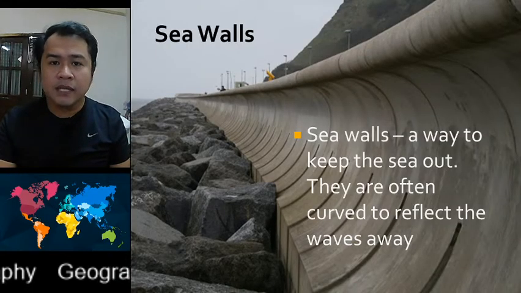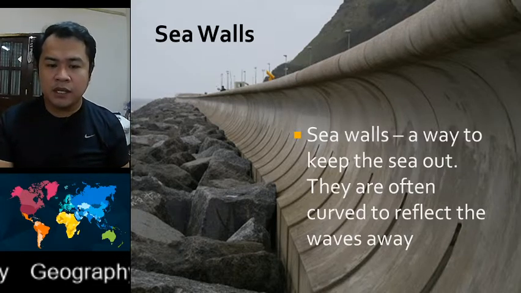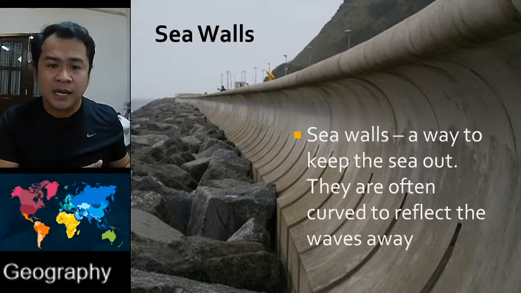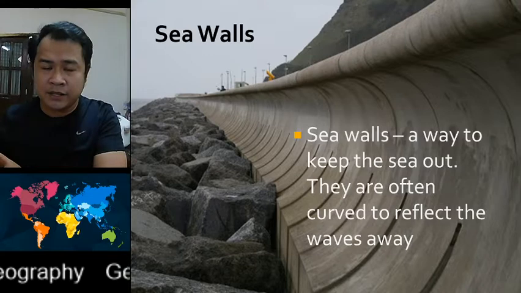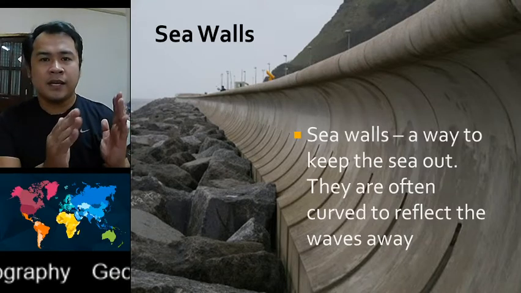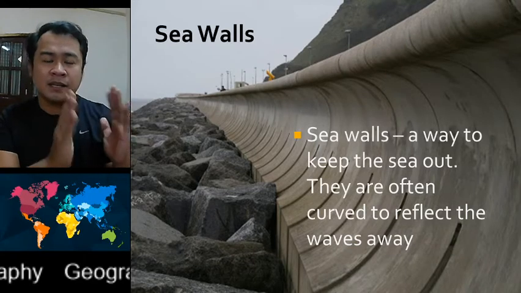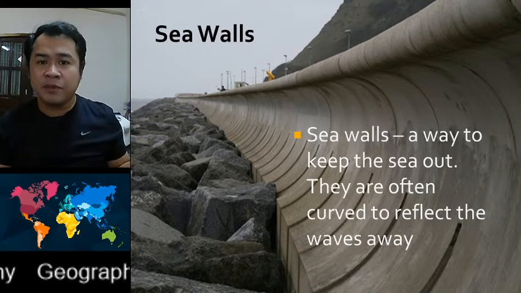An example of hard engineering will be seawalls. A seawall is a structure that is built along the coastline to keep the sea out so that the sea will not be touching the coastline at all. So it's like a barrier, it's like a wall. It's called a seawall because it's shielding the coastline from the strong waves.